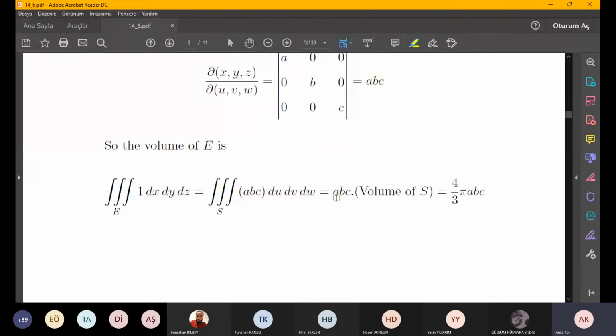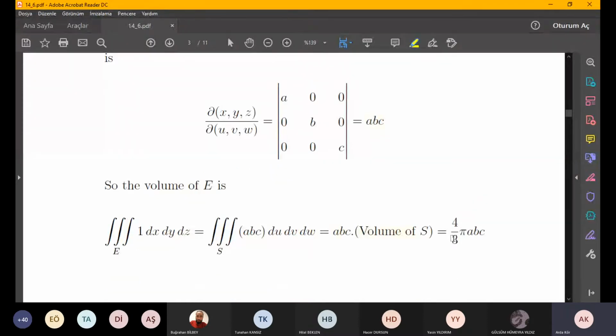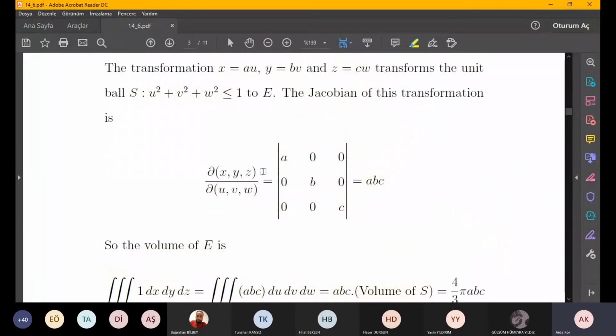is any constant, you can write it outside the integration, and that will represent the triple integration of 1 over S, which will be defined by the volume, so which is equal to the volume of S. So we can calculate the volume of S, where S is that unit ball or the unit sphere, you can say. Which will be 4 over 3 times pi times r cubed, since r is 1 here.